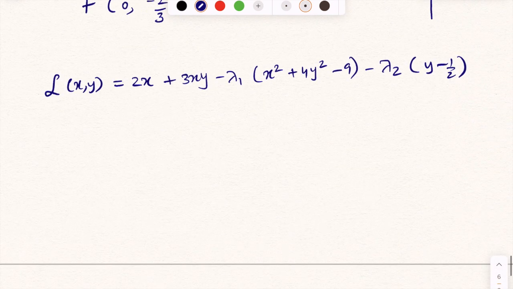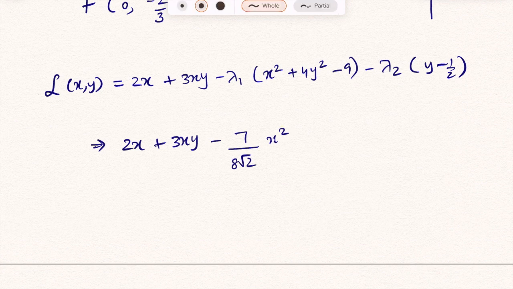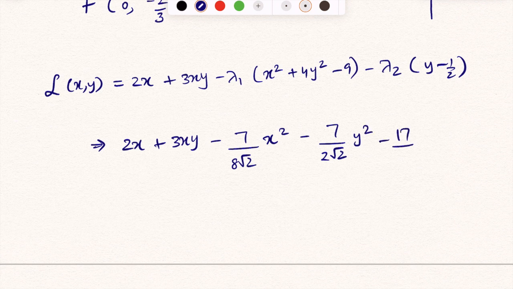So if we plug those in, we end up with a Lagrangian that looks something like this. 2x plus 3xy minus 7 over 8√2 x squared minus 7 over 2√2 y squared minus 17 over 2√2 times y plus 97 divided by 8√2.